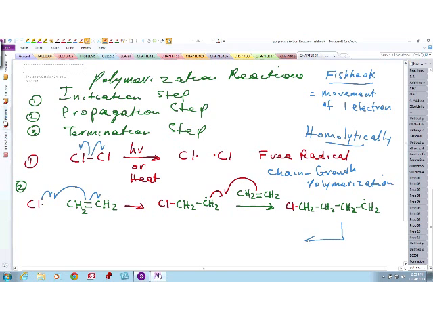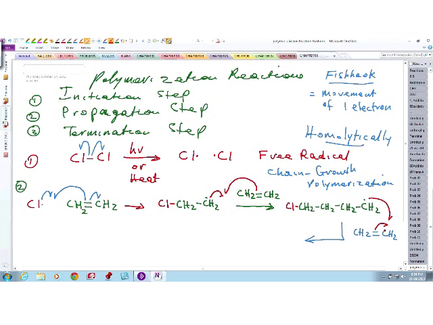So this now reacts with another molecule of ethylene.